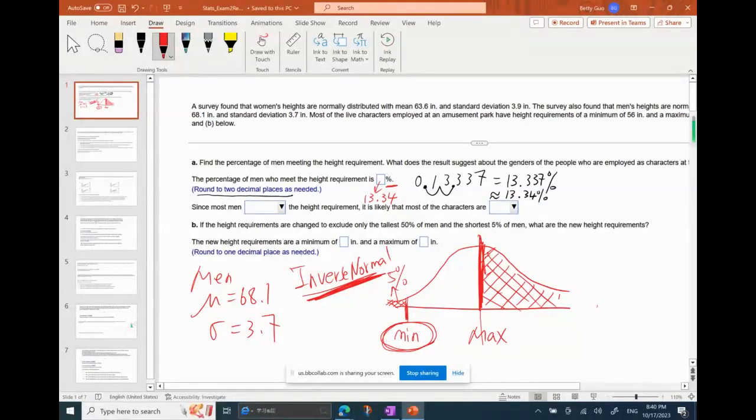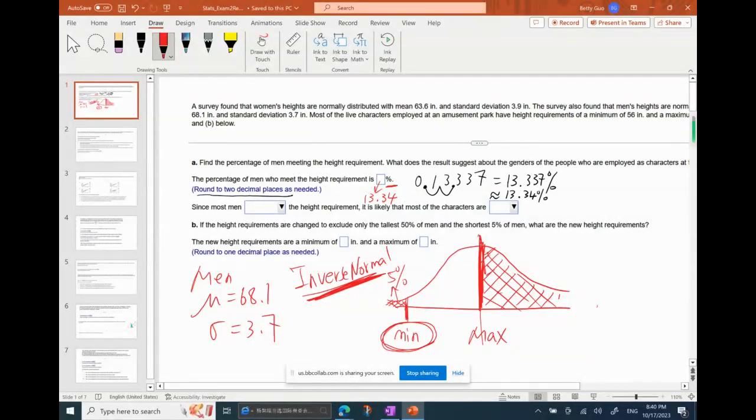Area. What's the area here? The area has to be the area of the region to the left of the value we are looking for. So 5%, 0.05. And the mu is 68.1, sigma is 3.7. Paste. I have 62.01.